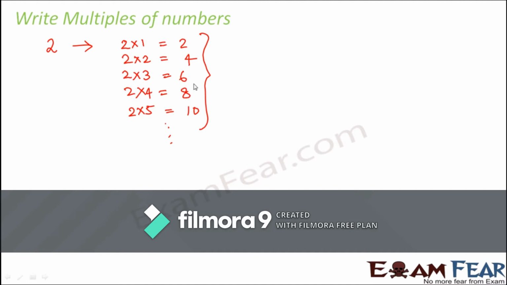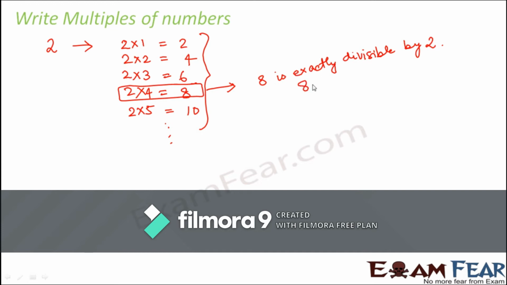So let us take any one example from this. Can you tell me from this who is a factor and who is a multiple and why? If you take this instance, you will see that 8 is exactly divisible by 2. Now since 8 is exactly divisible by 2, if you divide 8 by 2, what will you get?